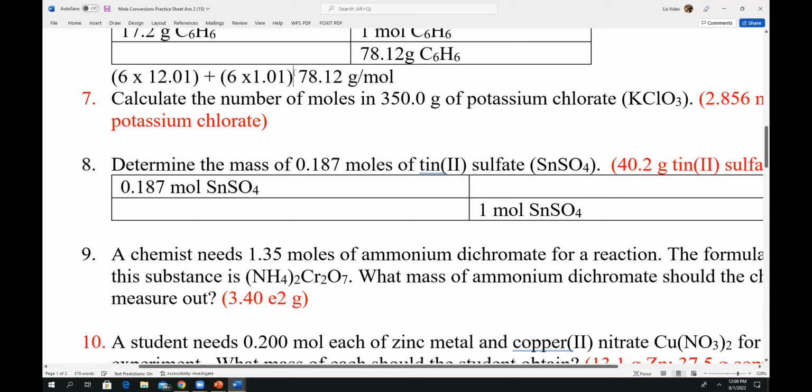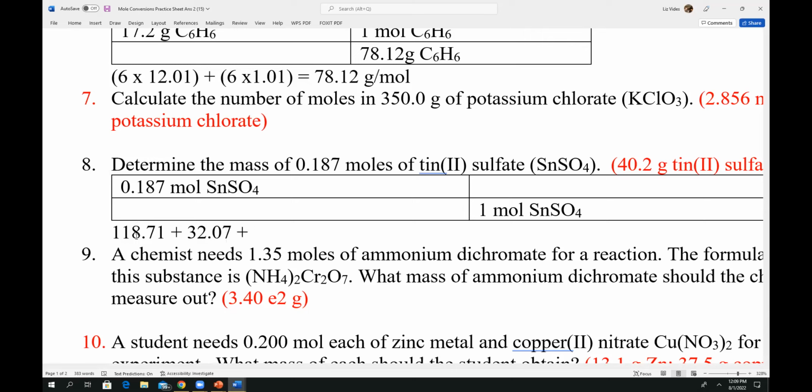Oh, that's illegal. Okay, now we're doing the same thing with this one. Okay, so we got 1 tin, and tin is 118.71, plus we have 1 sulfur at 32.07, right?